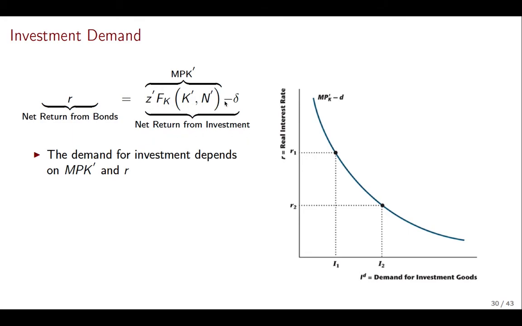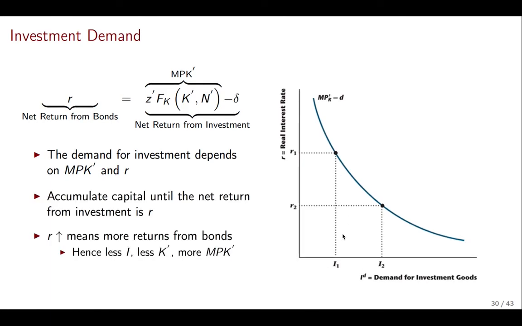That's going to be marginal product net of depreciation. And the demand for investment is going to thus depend on how high is the marginal return, how high is this marginal product, and the level of R. So as you invest more, you get more capital, you decrease the marginal product of capital, then you fix what the interest rate is, and that's going to give you your optimal level of investment.